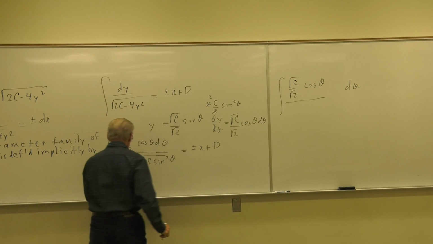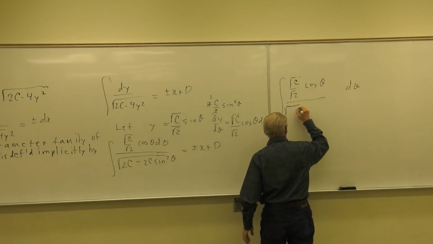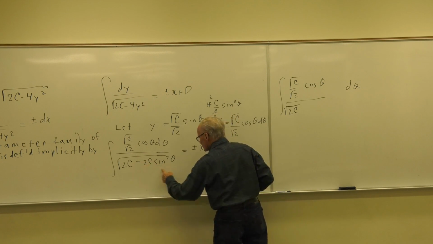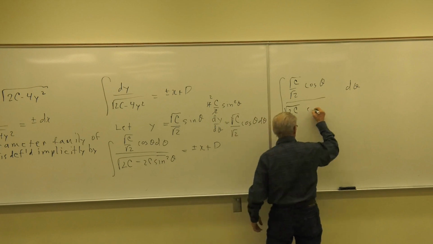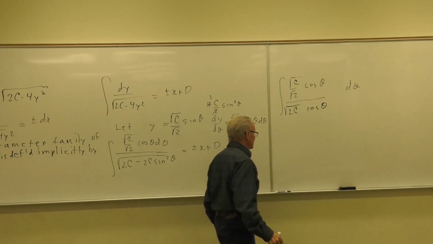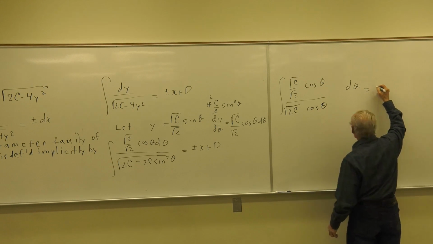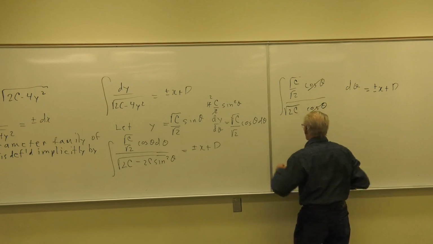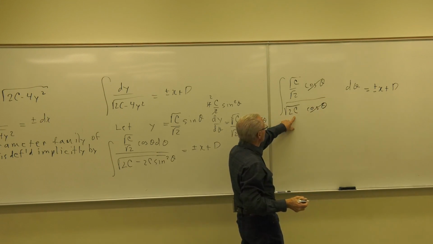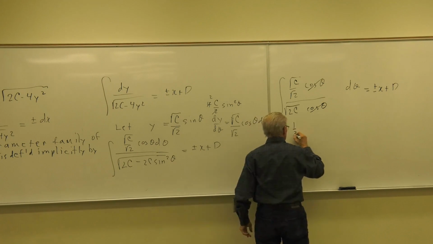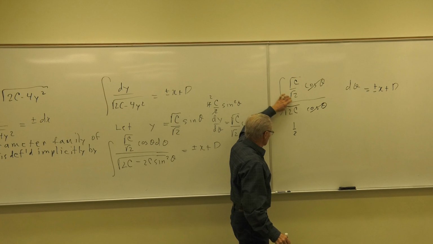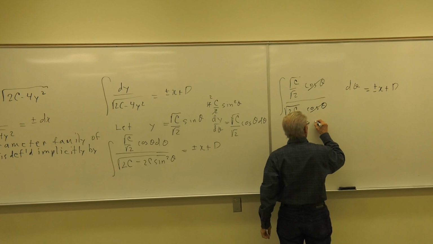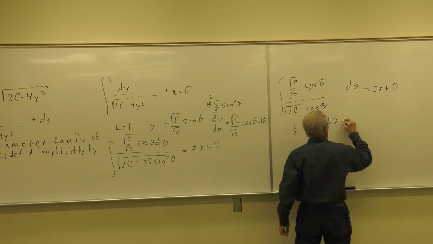If we factor out the 2c, we get the square root of 2c, and we'd have 1 minus sine squared, which is cos squared, and the square root of cos squared is cosine. So we're down to that, which is equal to plus or minus x plus d. Canceling the cosines, canceling the root c's, do we get one half? The root c's cancel and the roots combine. And integrating, theta equals plus or minus x plus d.